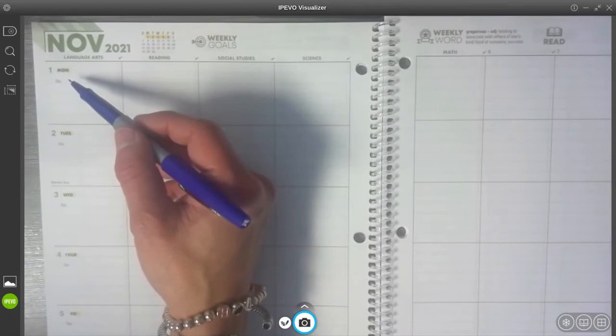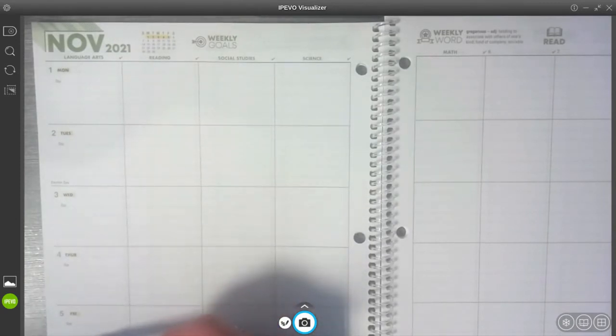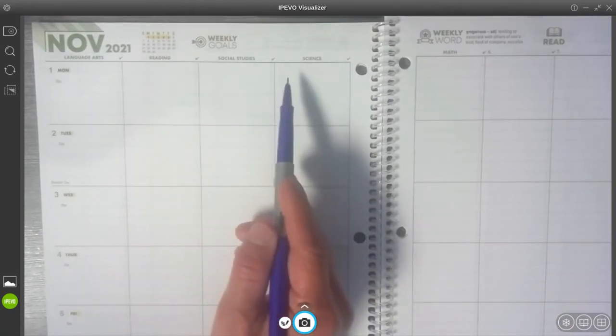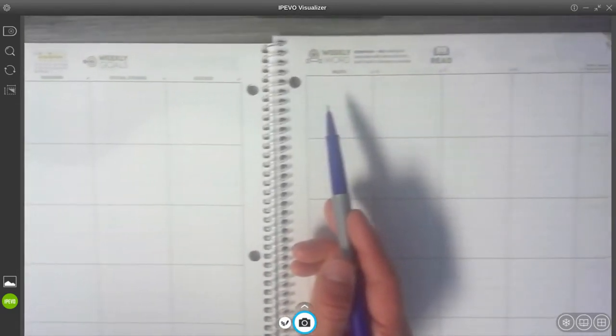So if you notice on our planner, we have the days set up here and they go down the page vertically. And then at the top, we have our subjects that go along here. At the end, you will have open slots.